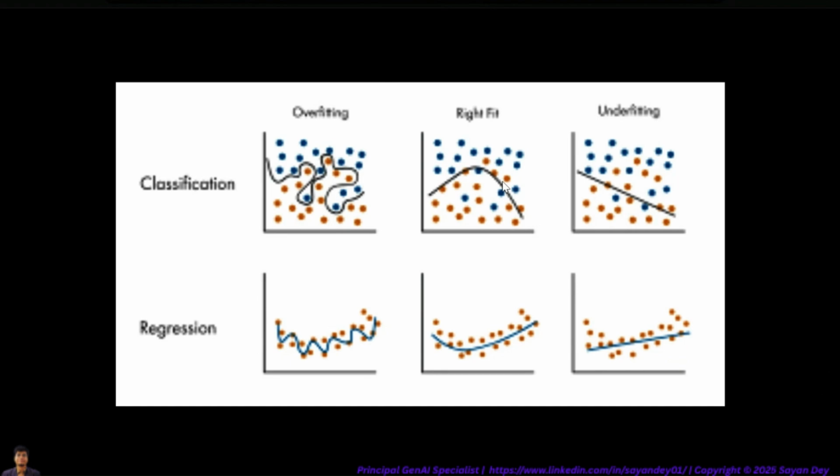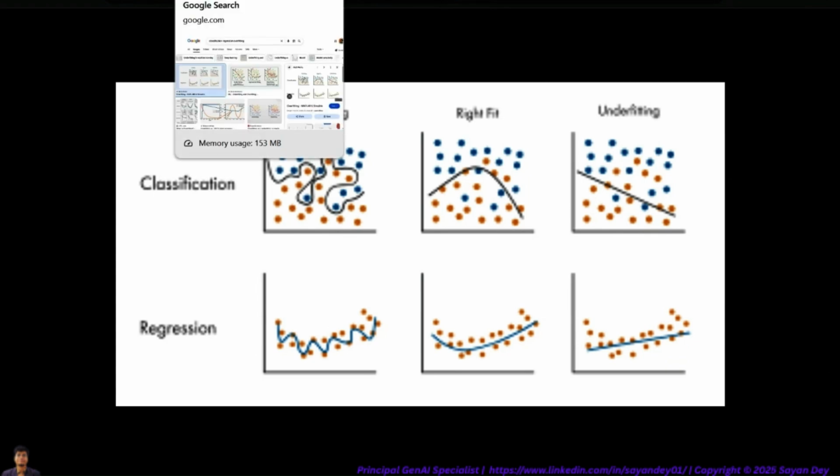So regression is always best fit. You're trying to best fit the points. Classification is best separation. You're trying to best separate the classes. Now, given this idea, everything else remains exactly the same.